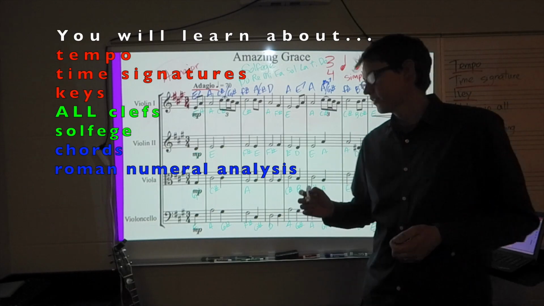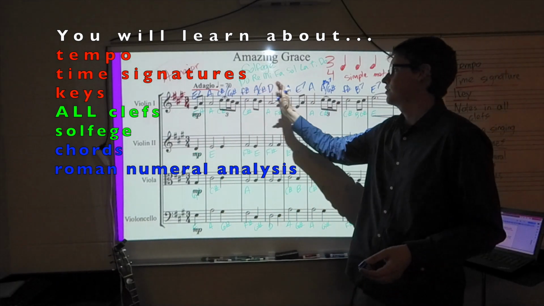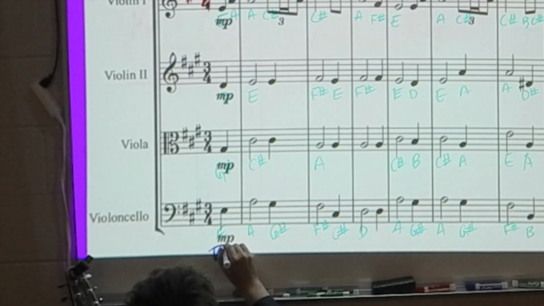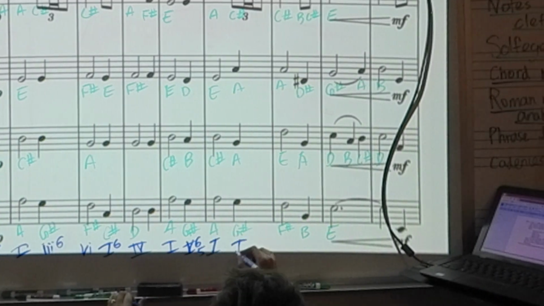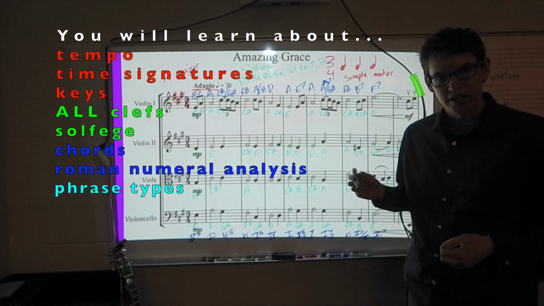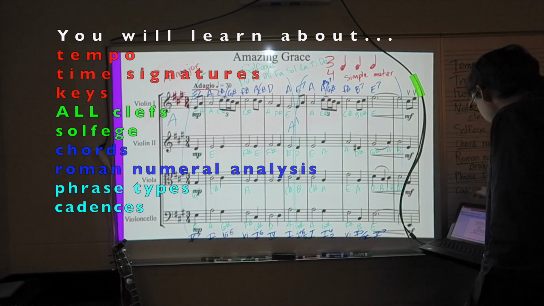We're also going to learn how to do Roman numeral analysis, which is taking these chords and converting them into Roman numerals. Why do we do this? We'll also learn about phrase types. And finally, cadences.